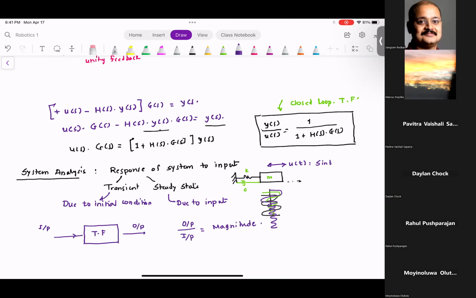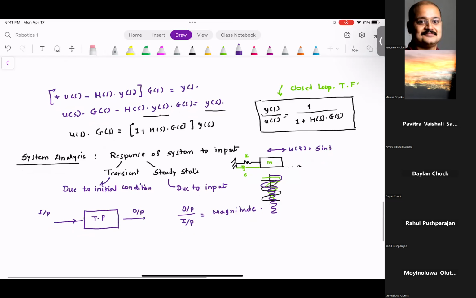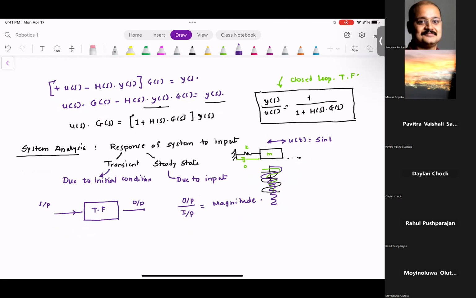You can also check whether the output is leading or lagging the input. This is what we mean by phase.